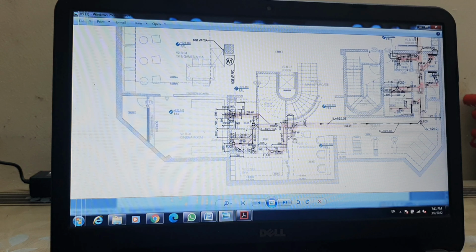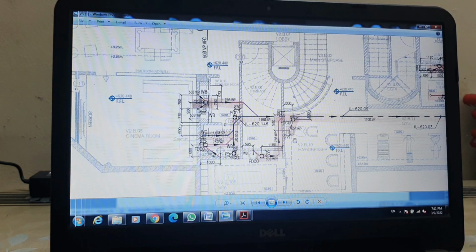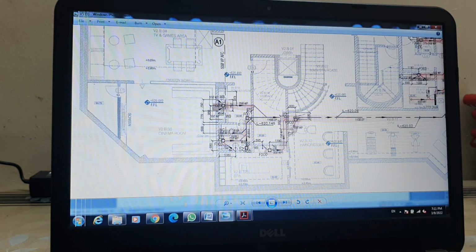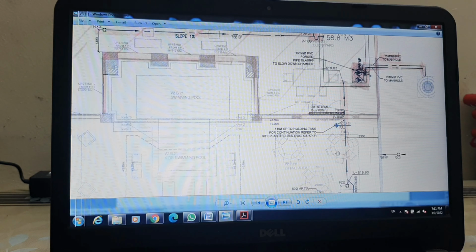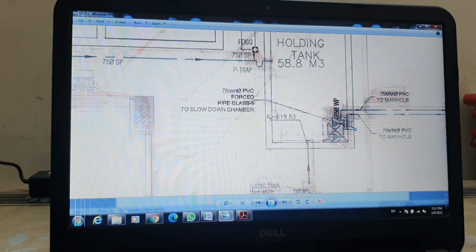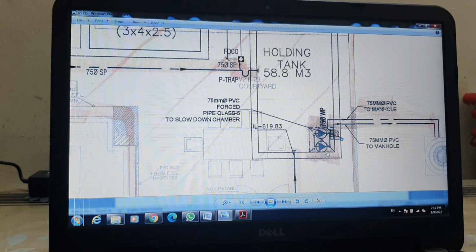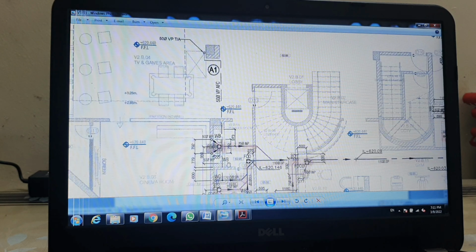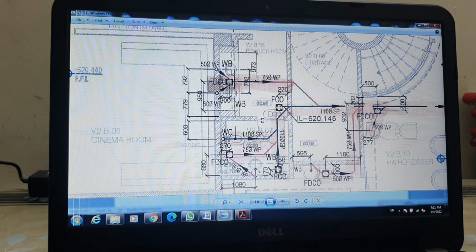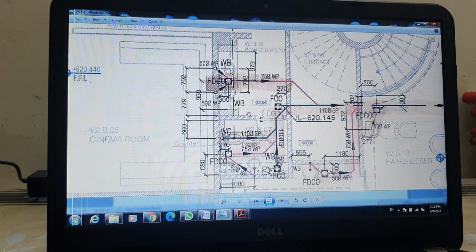We have one drawing. This is a small villa drawing where we have a basement and a sewage submersible pump. This is our holding tank with two submersible pumps, and this holding tank is getting drainage water and soil waste water from this line.